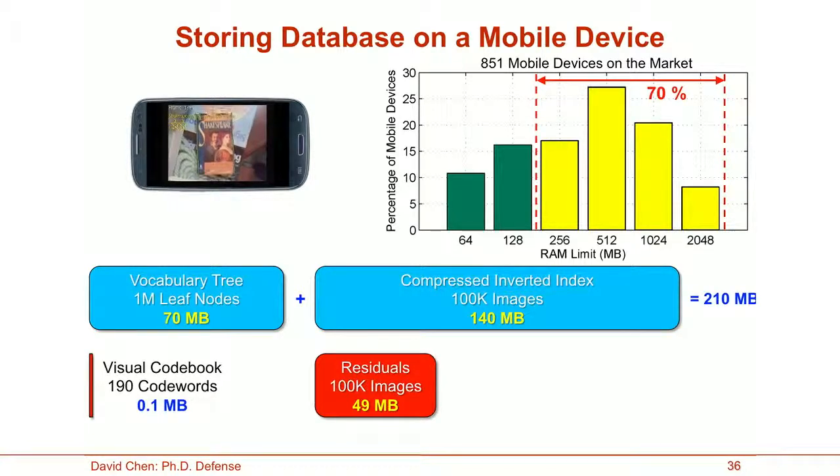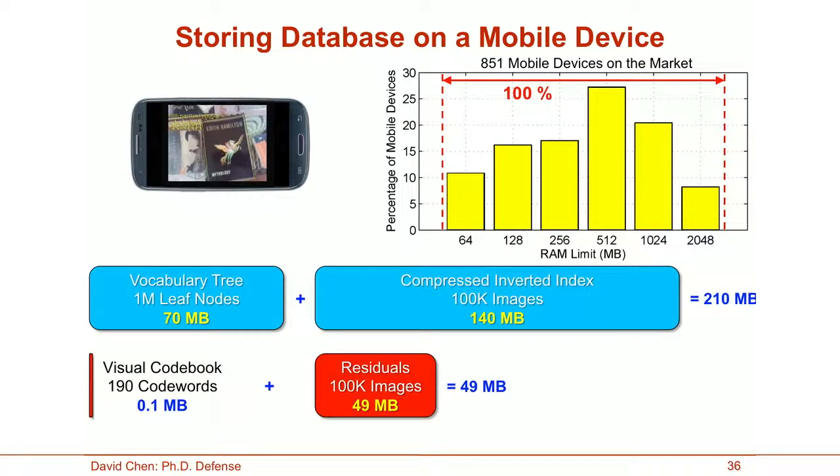This requires around 49 megabytes. The sum of the two is around 49 megabytes. Now we can store the database on 100% of the devices on the market. And it's much easier to deploy the smaller database on each of these devices.